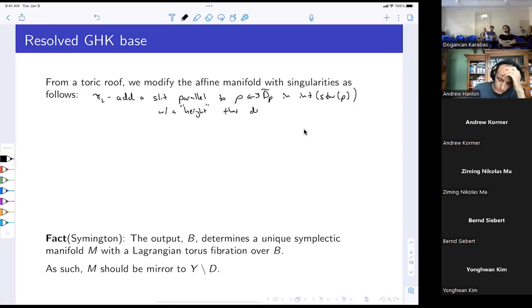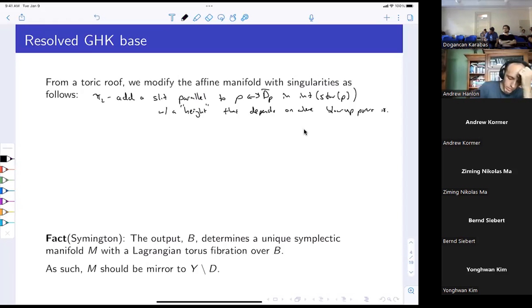I won't be too specific about that for now, but in terms of actually producing an affine base with singularities, this is actually all you need.